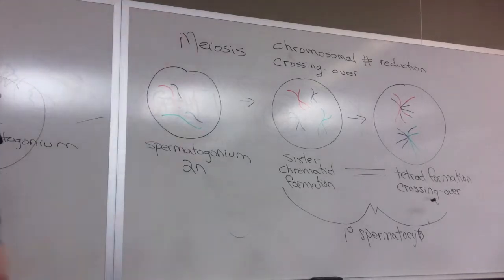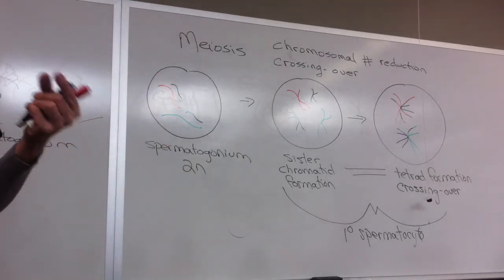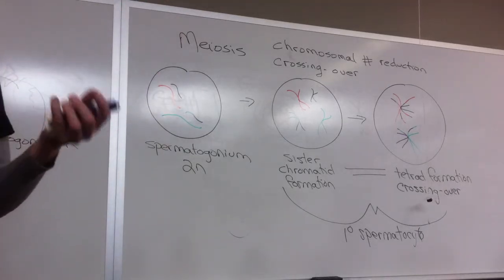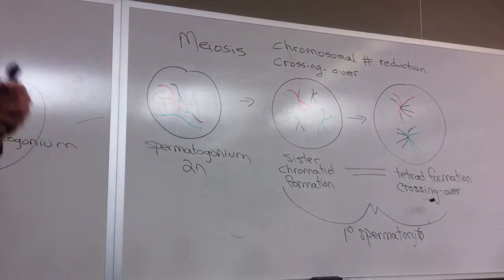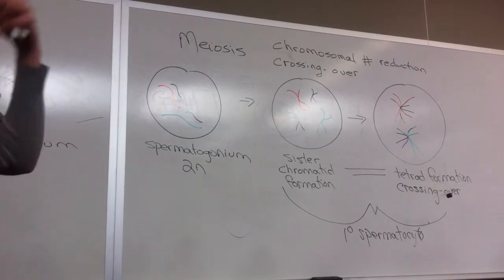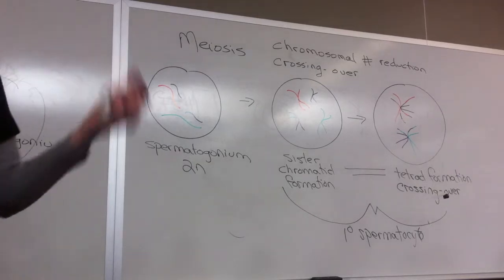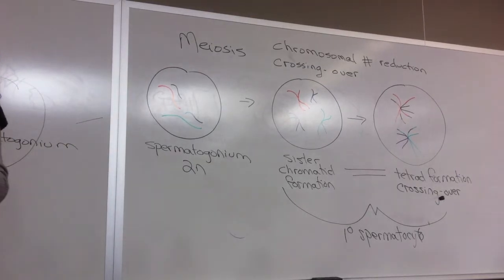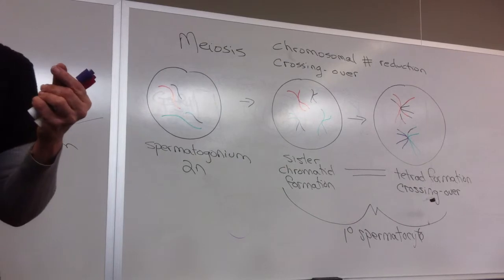So women have a whole bunch of primary oocytes in their ovaries. And it doesn't actually complete cell division until just prior to ovulation. So each month, one or two maybe, oocytes will reach a secondary oocyte stage. Otherwise, it might just shrivel up and die as a primary oocyte. And all the ones that are waiting for their turn to go through the cycle are still primary oocytes.